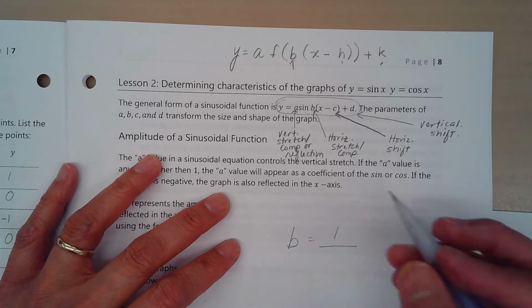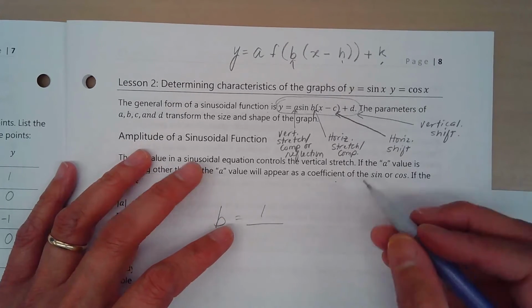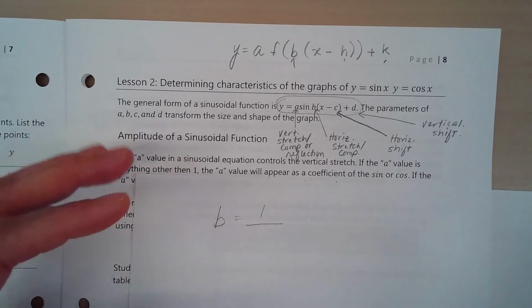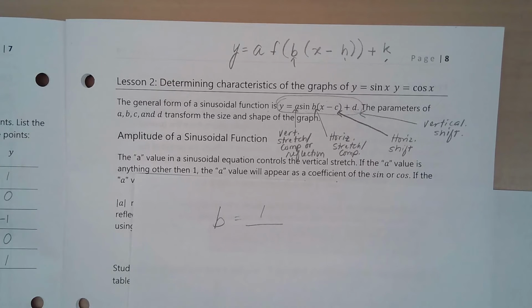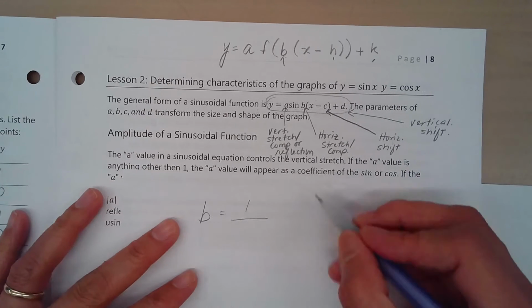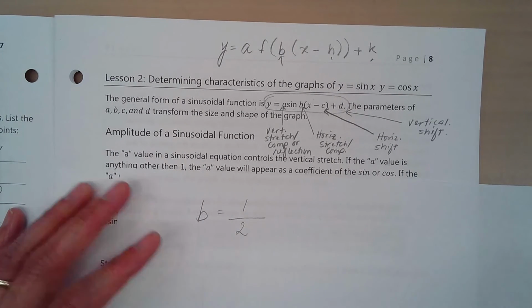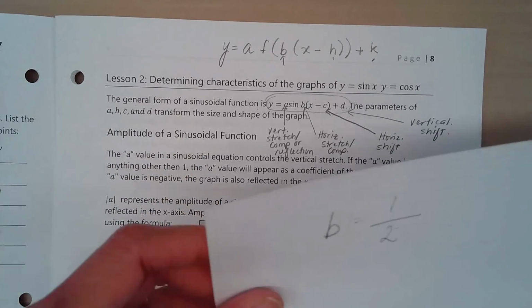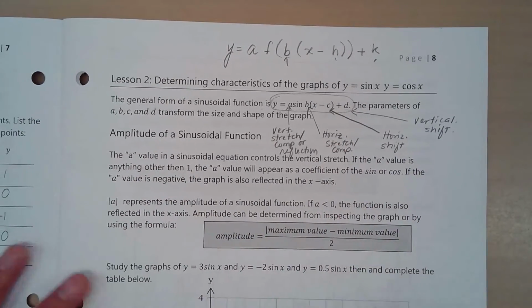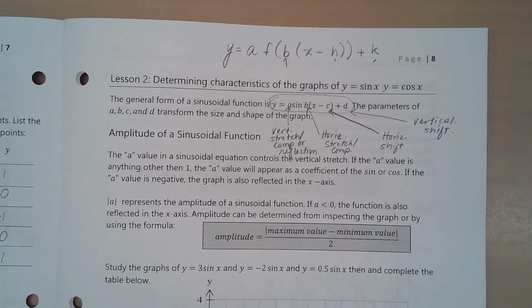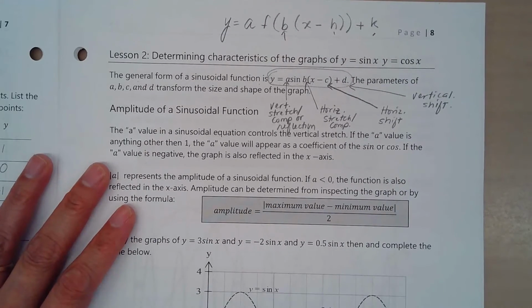If it says stretching by a factor of 2, it's really B is 1/2. So it's going to be like that, but slightly different. That's okay. So here we go.